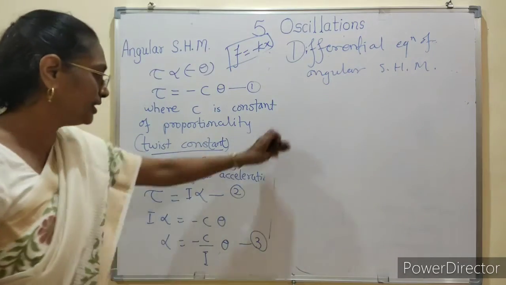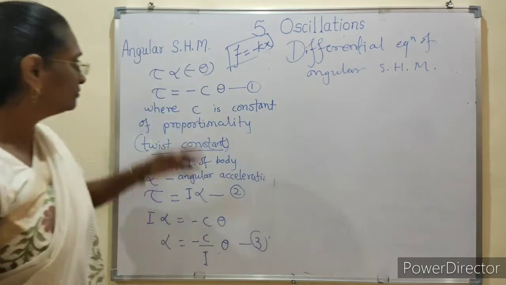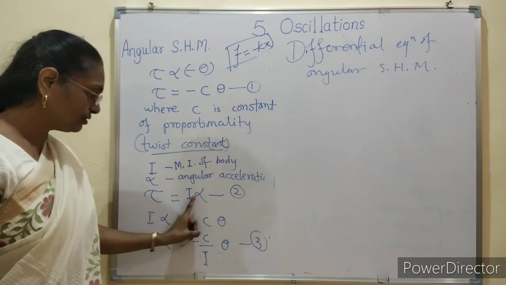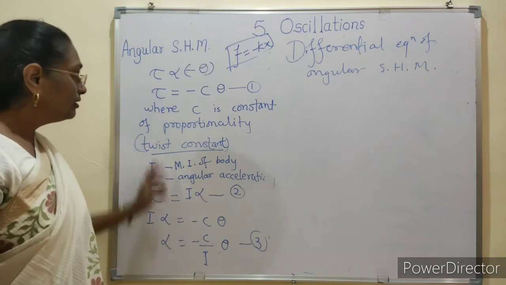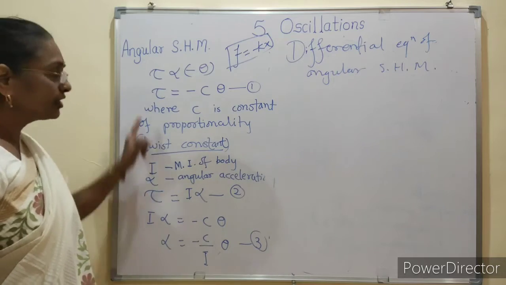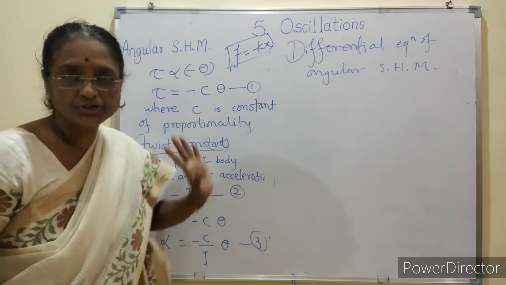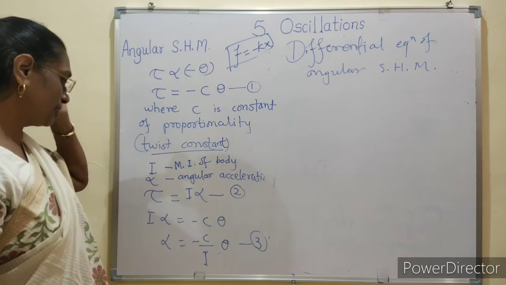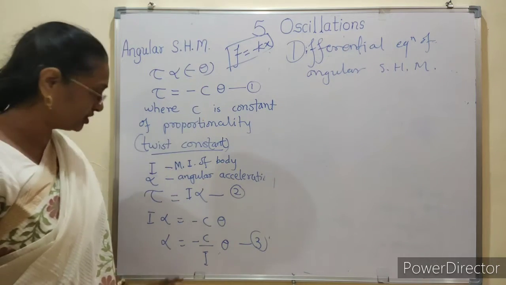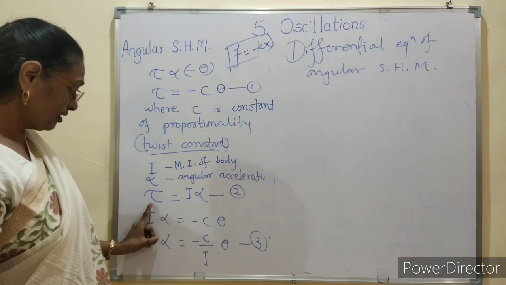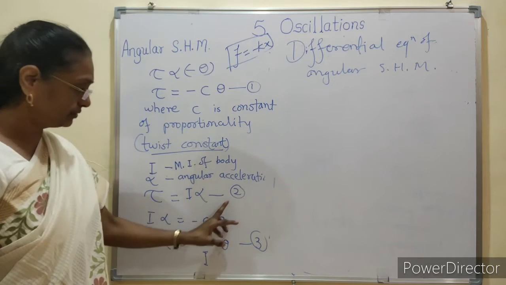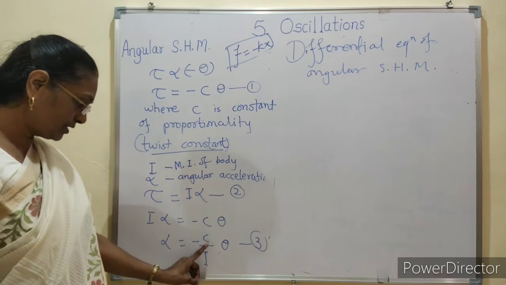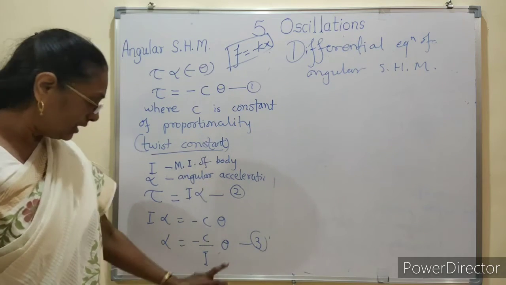We already have equations: tau is equal to minus c theta, and tau is equal to I alpha. From this step we start the derivation of the differential equation. We use all these steps which we have used for the definition. Tau is equal to I alpha, equation 2. We have obtained alpha is equal to minus c upon I into theta.